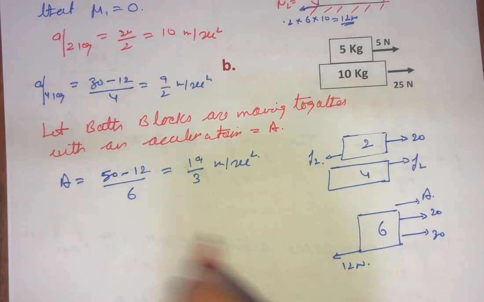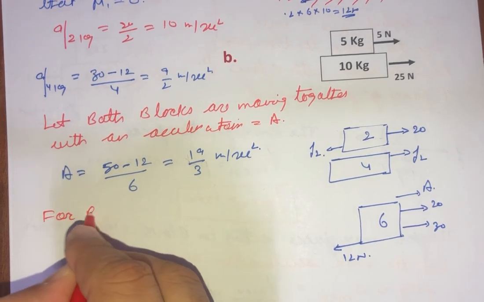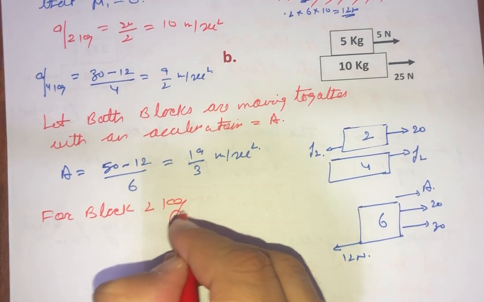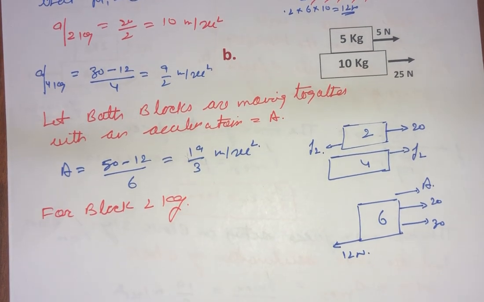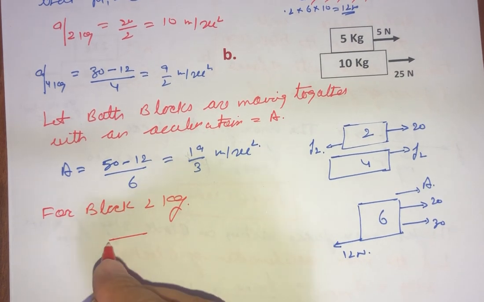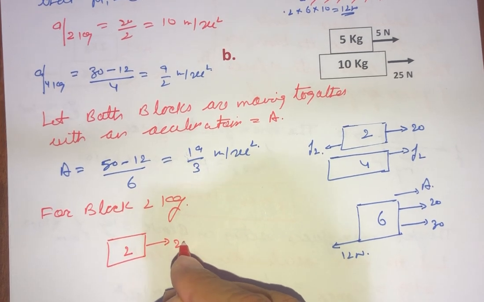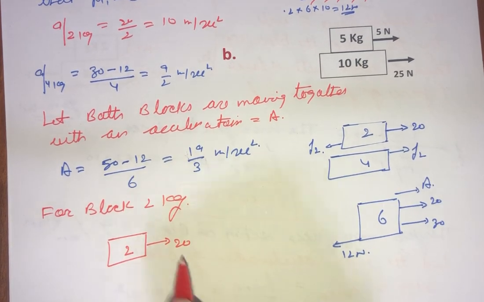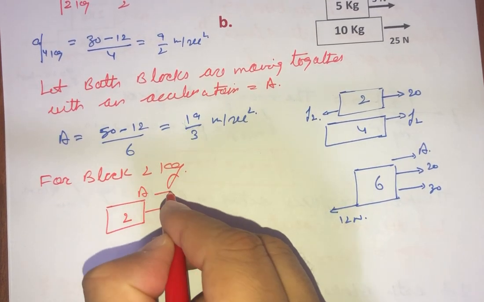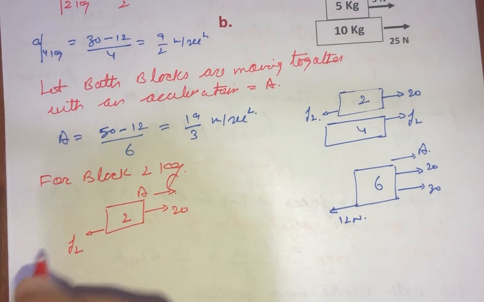Now for the 2 kg block, we have 2 kg and a force of 20 Newton, and we know that it will be traveling with the acceleration of A, and there will be a force of friction F2 in the opposite direction.